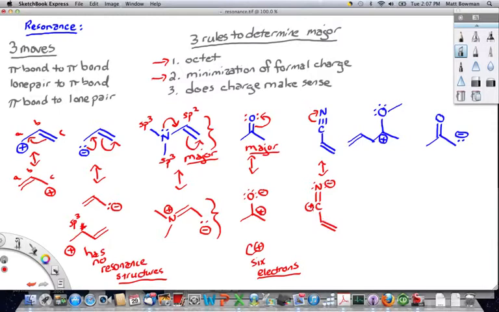Notice once we have generated this C+, we are next to a pi bond, we can move these electrons over again. And so this molecule has 3 resonance structures. The major resonance structure is the blue one, again because of the octet rule.